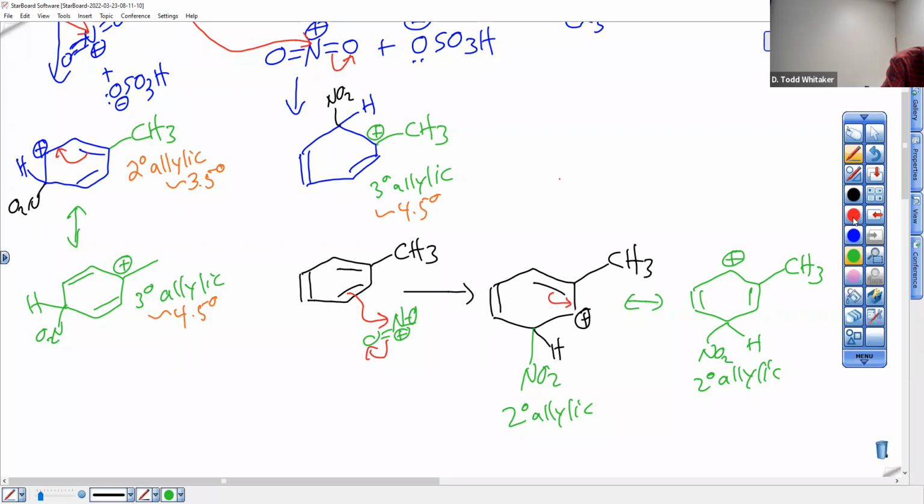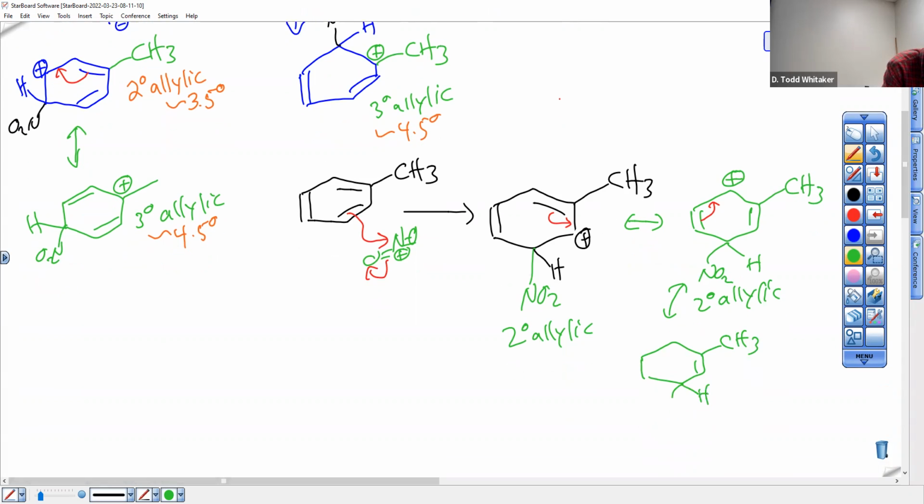Resonate some more. Your last resonance form would be, let's see, we didn't use the pi on the left. Do that. Is this more stable? Answer, no. And plus is there.